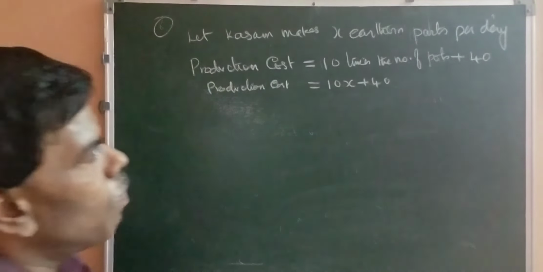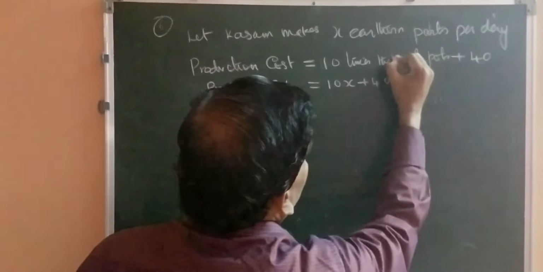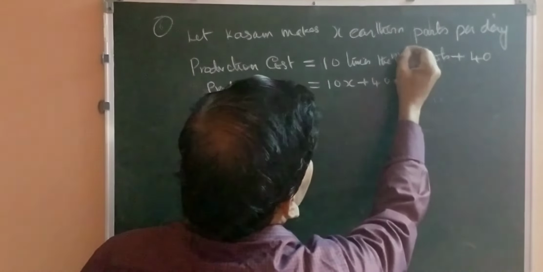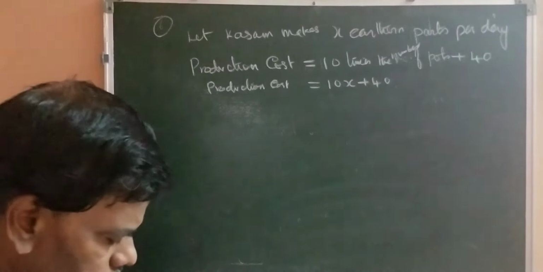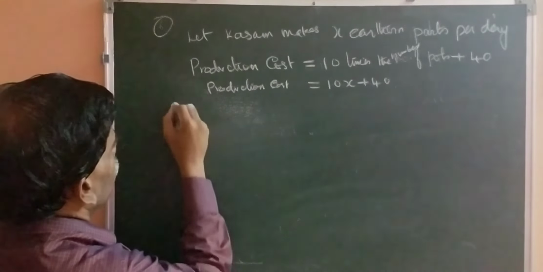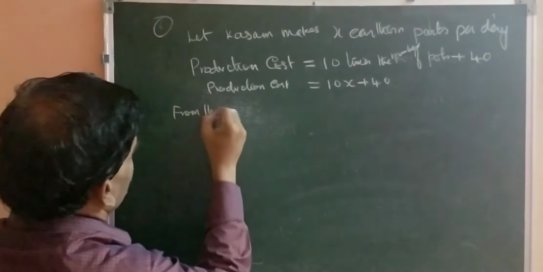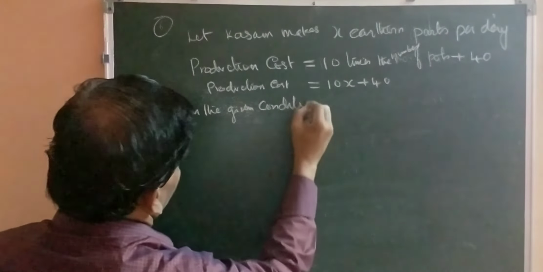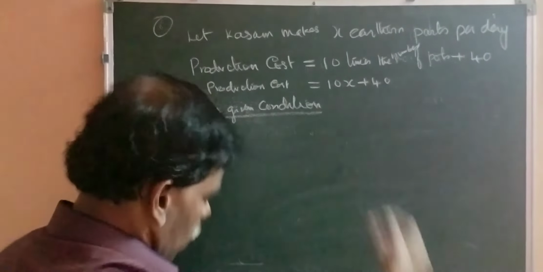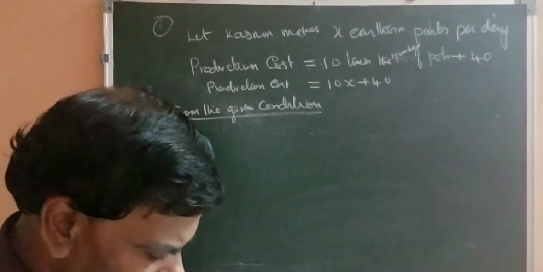Ten times the number of pots, you write here, plus 40. Okay. Now from the given condition, what does the condition say?